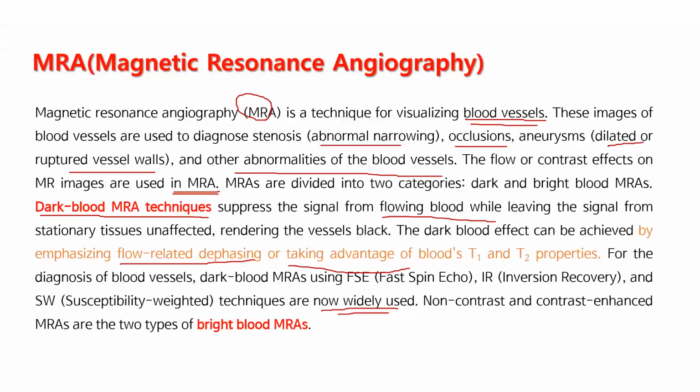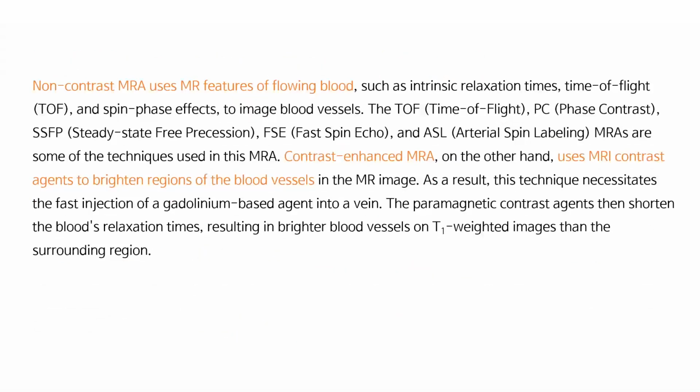Non-contrast and contrast-enhanced MRAs are the two types of bright blood MRAs. Non-contrast MRA uses MR features of flowing blood, such as intrinsic relaxation times, time of flight, and spin phase effects to image blood vessels.